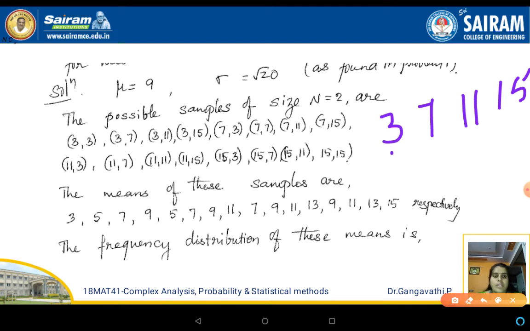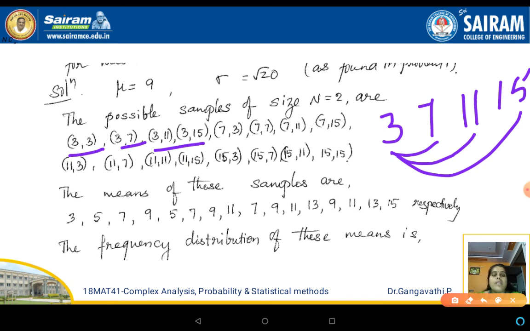First we have drawn 3 and we are going to replace it back. There is a possibility that in the second draw also you may get 3. Therefore 3 comma 3 is a sample. Again 3 can be drawn in the first draw and in the second draw you may get 7. Therefore 3 comma 7 can be your second sample. Similarly 3, 11 and 3, 15. Whatever elements you are drawing, you keep them back in the population and draw again. So you have got these with respect to 3.